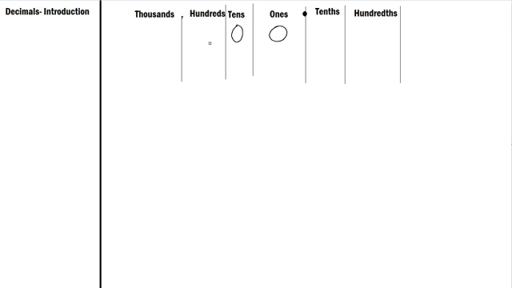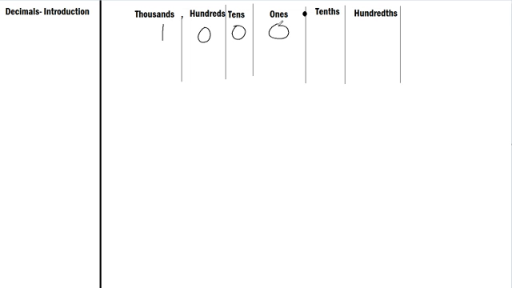And if I put that same 1 in the thousands place, it becomes 1,000. That's really important. Where we place the digit is what we call place value.